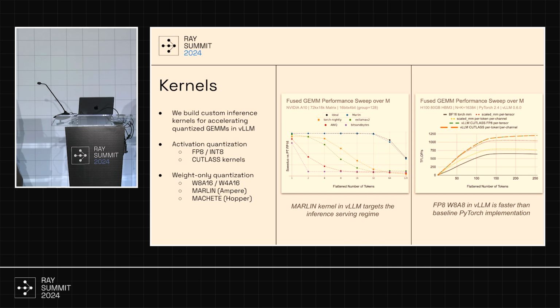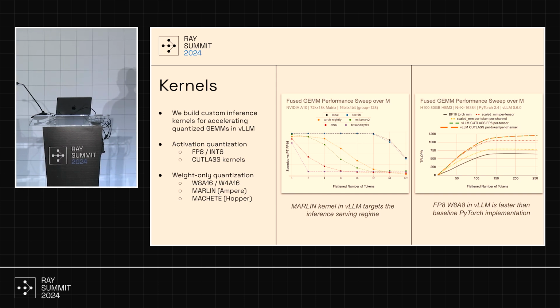So what Marlin, this kernel, does is it moves the weight from DRAM into SRAM compressed. So we're reducing the amount of data that has to move from the HBM into the SRAM. And then we're up converting on chip and then running the FP16 tensor cores. So the kernels are handling the overhead associated with dequantizing.